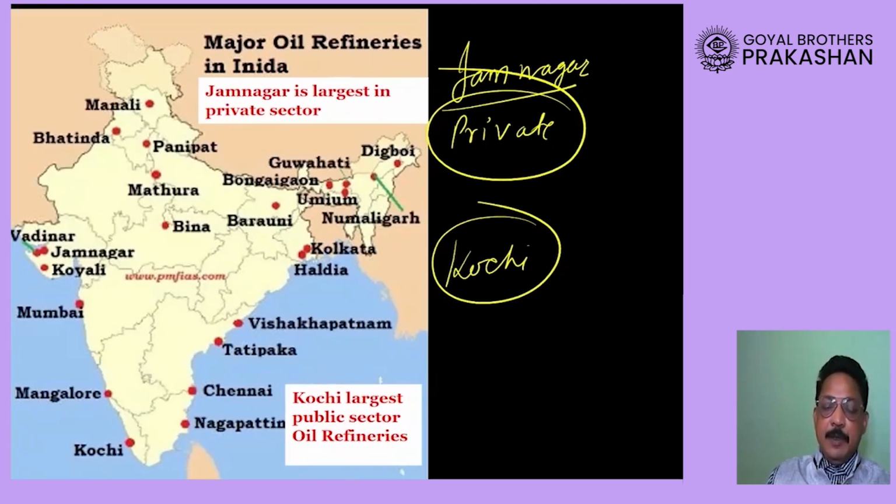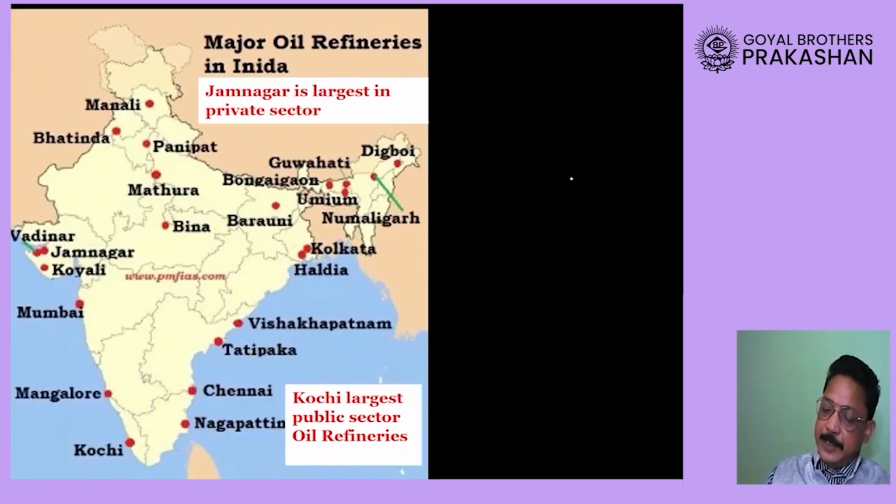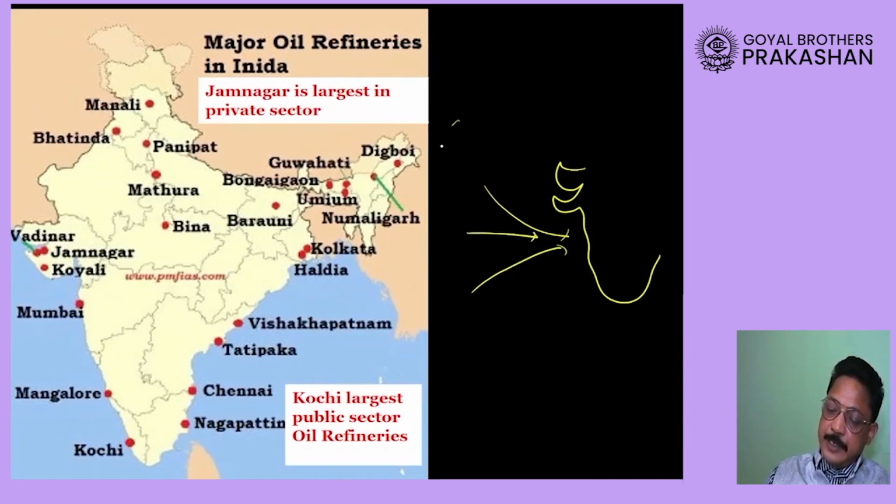There are many oil refineries, and you will find that most of them are located on the seashore. The reason, dear students, is that our country India imports petroleum from other nations, especially from Gulf countries.